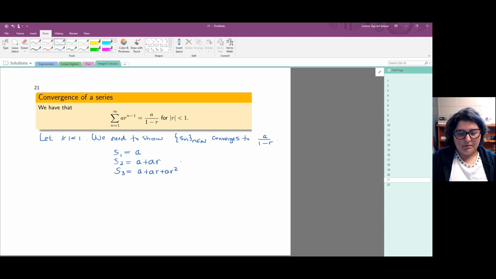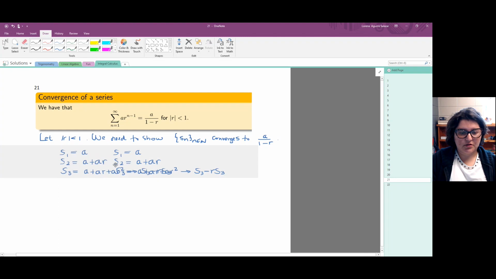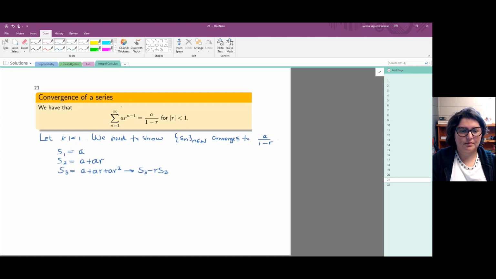We can find a more explicit version of S sub 3 by doing S sub 3 take away r S sub 3. Let's see how that goes. And from that expression, we will get to see how to find an expression for S sub n. If we do S sub 3 minus r S sub 3, then we're doing a plus ar plus ar squared, take away ar plus ar squared plus ar cubed.